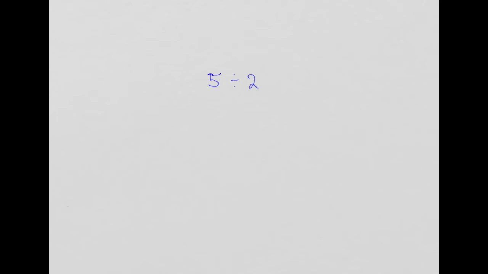So what we do is we look for the first number lower than 5, which is in the 2 times table. Can you work out what that is? Well, the first number lower than 5, which is in the 2 times table, is 4.